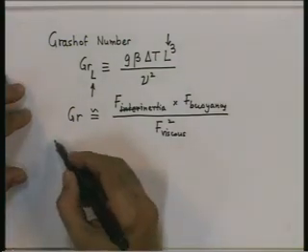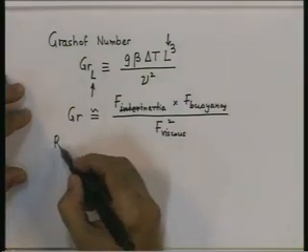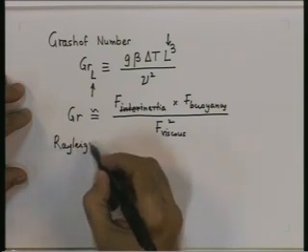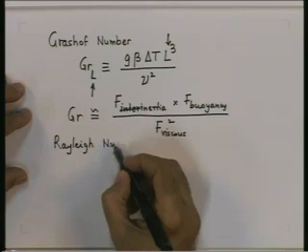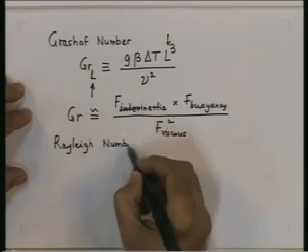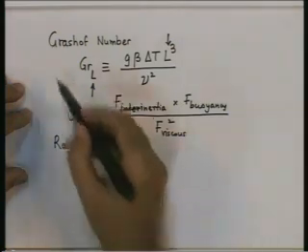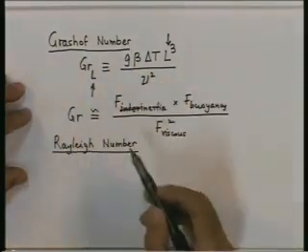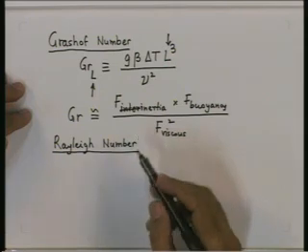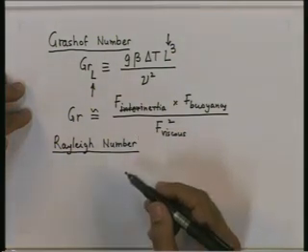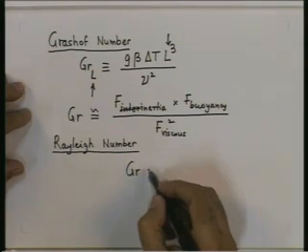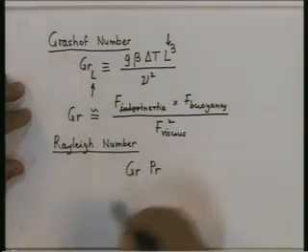Apart from Grashof number, we have a Rayleigh number related to the Grashof number. It is related to Grashof number because we find that quite often in correlations for natural convection, we come across the product Grashof number multiplied by Prandtl number.